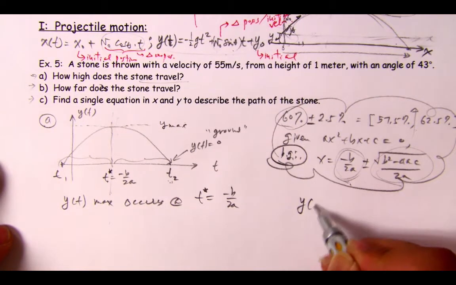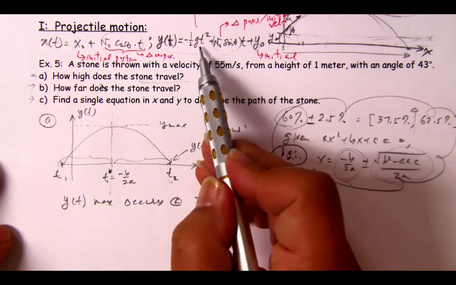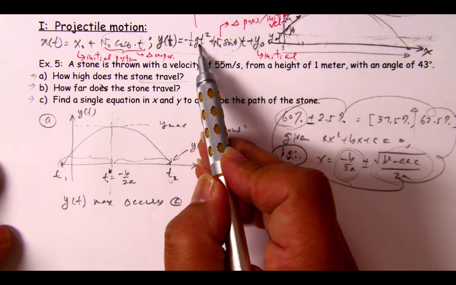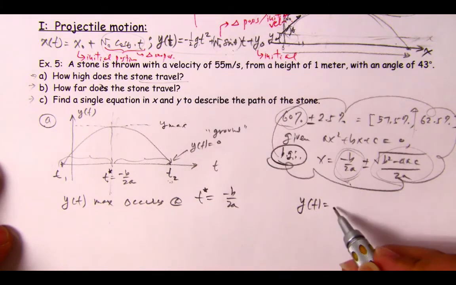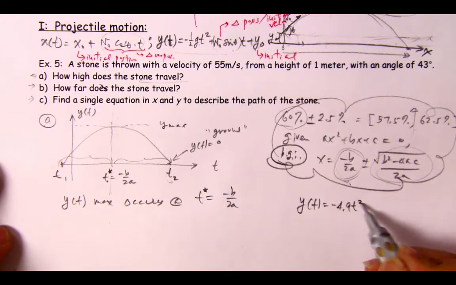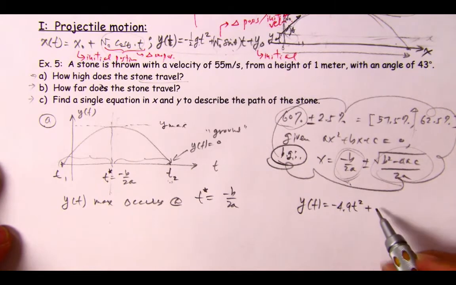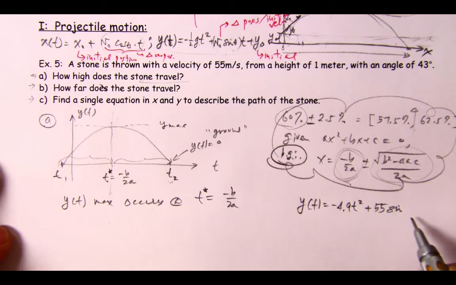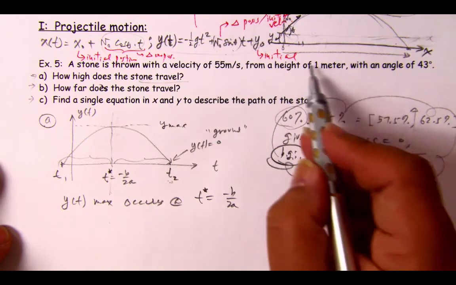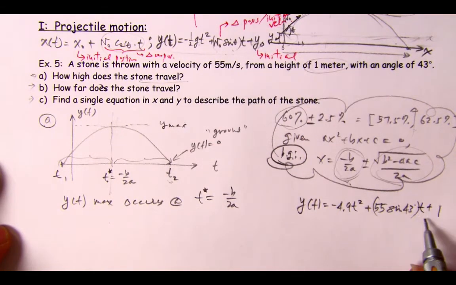All right, so my y of t is, my g is 9.8 meters per second squared. So half of that is negative 4.9 t squared plus initial velocity, which is 50 times sine of 43 degrees, times t plus the initial height of 1. So we have that over here.